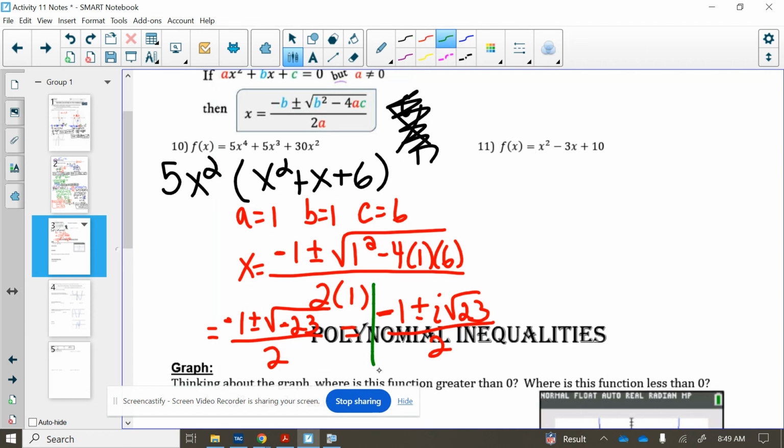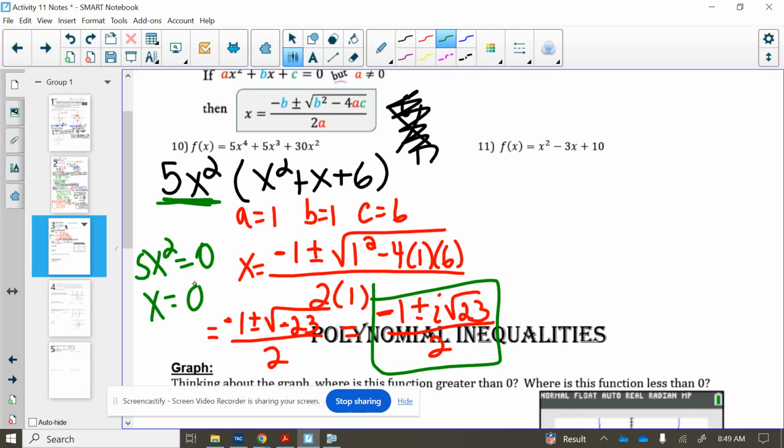So these would be two of our zeros for our polynomial, the plus and then the minus. Now don't forget as well over here, officially we need to set 5x squared also equal to 0 so that our x value this time ends up being 0. These are both factors, so we officially have 3 zeros on that one.